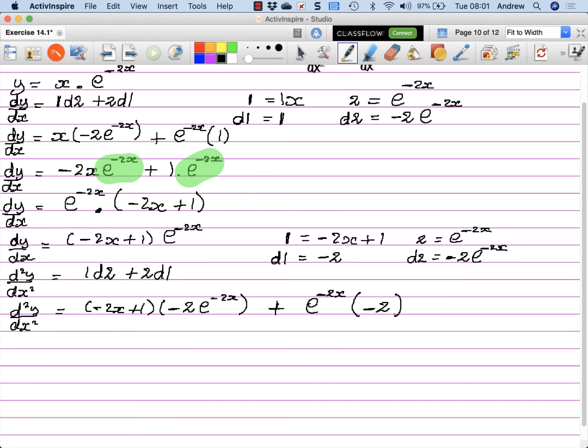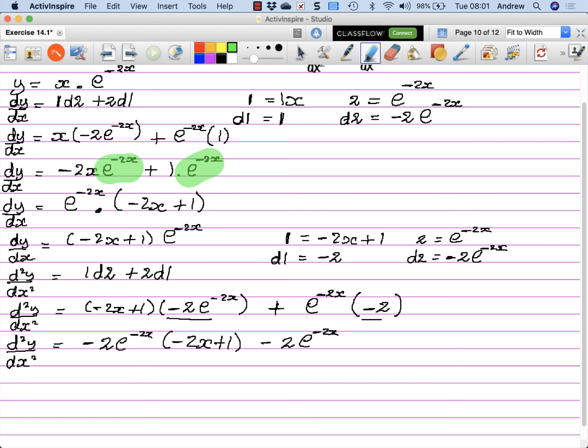I'm just going to do a little bit of tidying up on this line. So d2y/dx squared is equal to, so I'm going to bring this to the front. So it's minus 2e to the minus 2x times minus 2x plus 1. Bring the minus 2 to the front, so it's minus 2 e to the minus 2x.